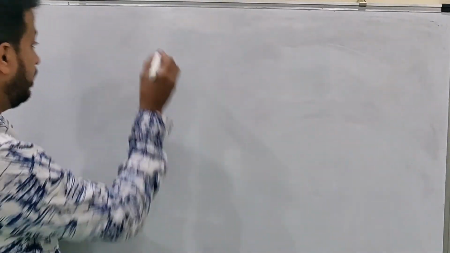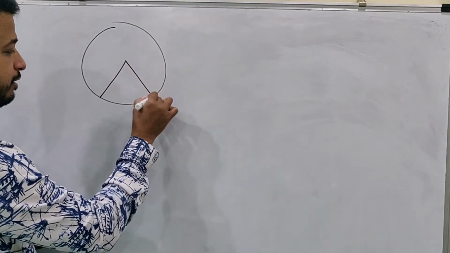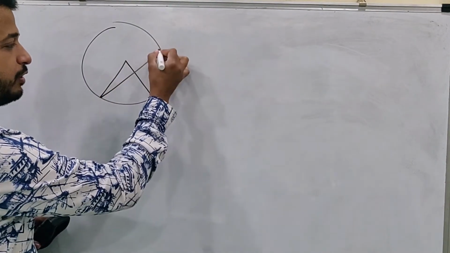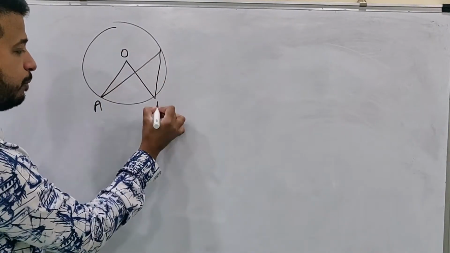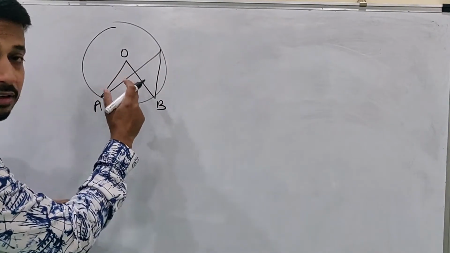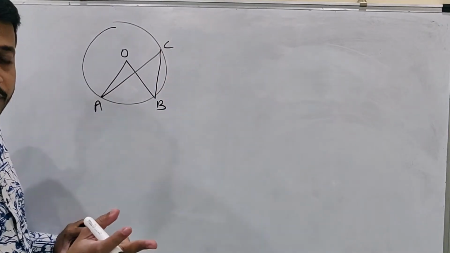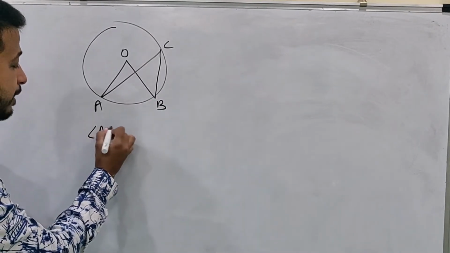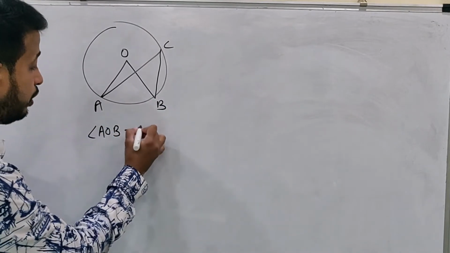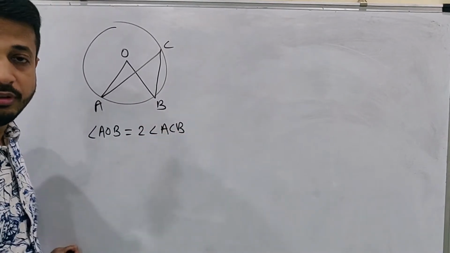The first property: if there is an angle which is formed at the center, and another angle which is formed anywhere on the circumference, this AOB is my angle formed at the center, and this ACB is my angle formed anywhere on the circumference. So what is my property? Angle at the center is twice the angle formed anywhere on the circumference.